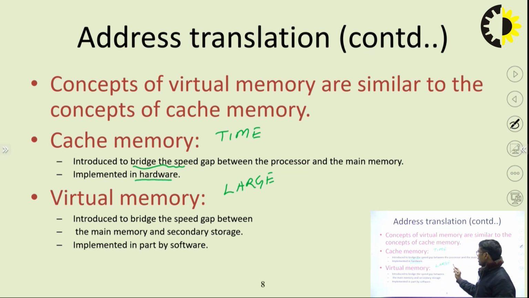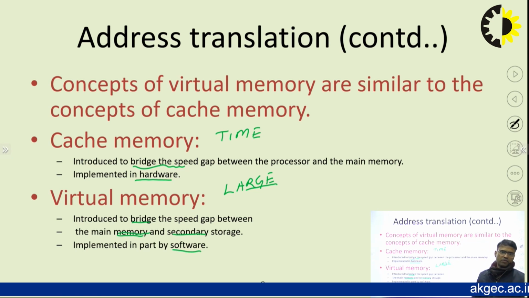But virtual memory, to have a large space, bridges the gap between the main memory and the secondary storage. So, we do not need to bring data from the secondary storage, as data is available in the main memory. It is implemented using both software and hardware, partly software, partly hardware.